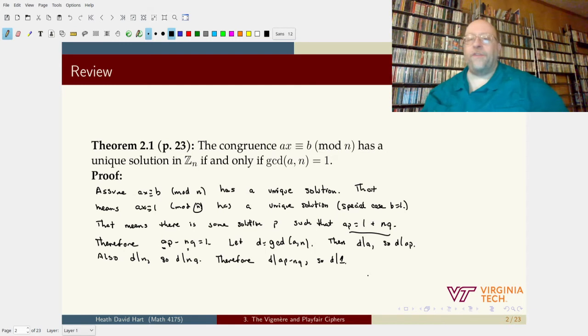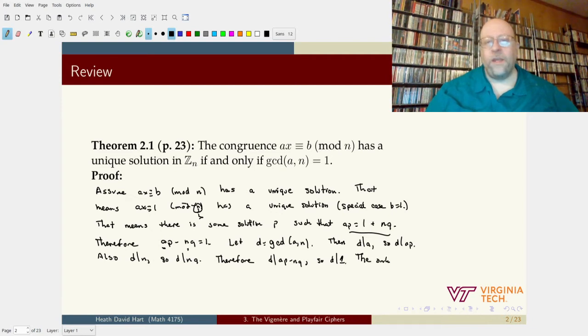But D is a GCD, which means it's a positive integer. And the only positive integer that divides 1 is 1. Where'd my pen go? Here it is.